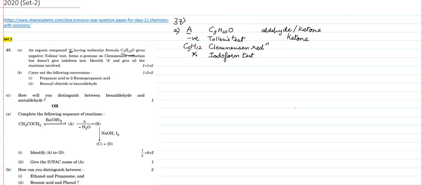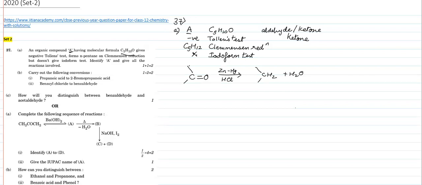The next piece of information is that it gives us C5H12 on Clemmensen reduction. This is a basic chemical reaction, Clemmensen reduction, where a carbonyl compound on reaction with zinc amalgam in the presence of HCl leads to the formation of an alkane and water.